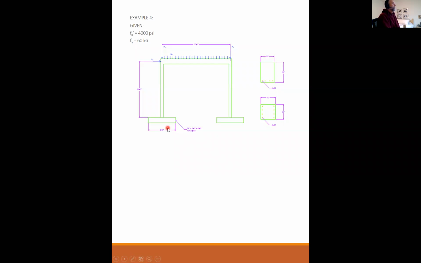It basically would fall over if it wasn't. And I also have a factored axial load PU, and I have a factored lateral load VU, because this frame is supporting some dead load and some loads from above and a lateral load, which is coming from wind or seismic. Any questions about the setup?